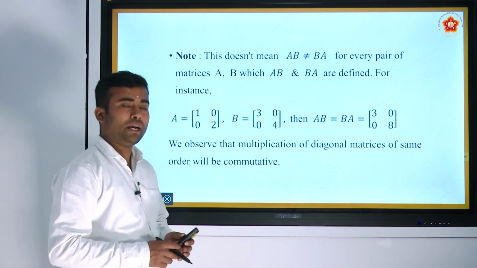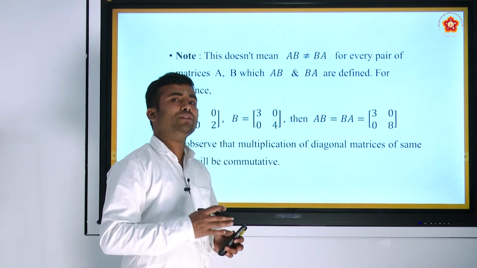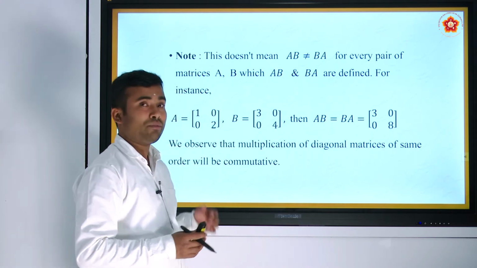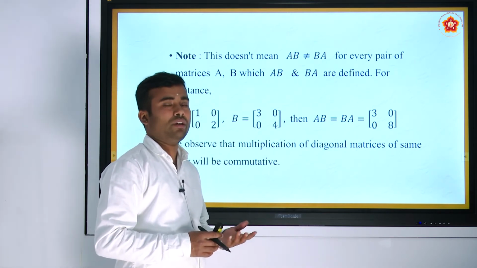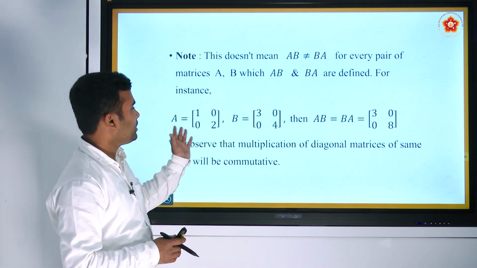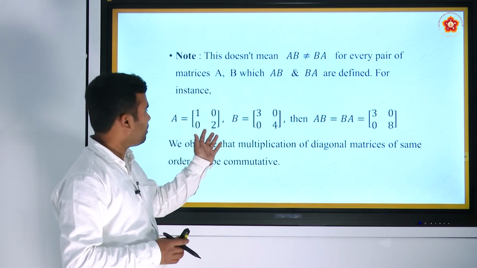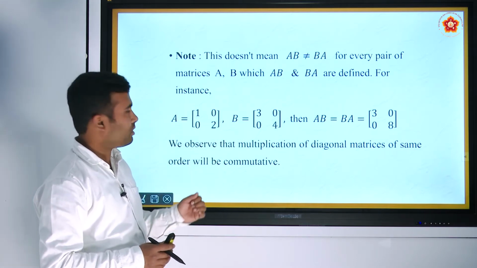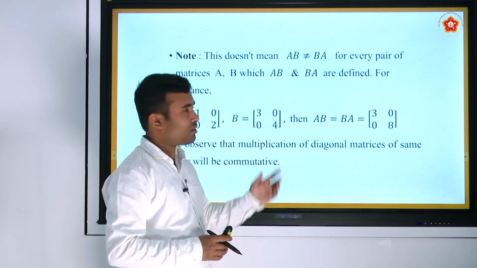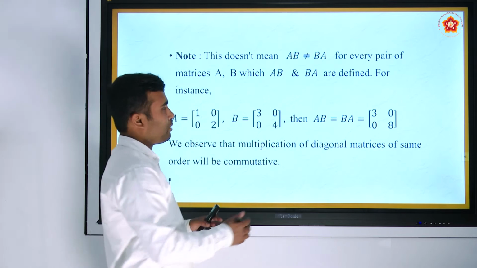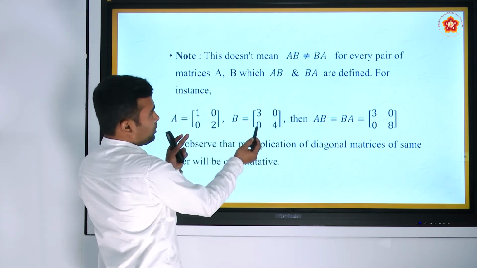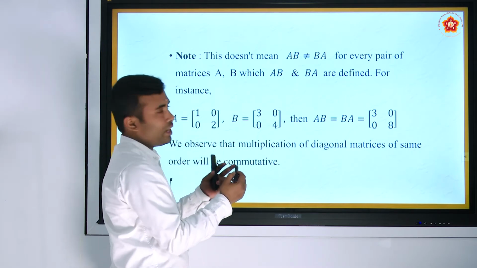For instance, as I told you, AB is equal to BA for some particular matrices, that is, for diagonal matrices it holds true. Here is an example: A is equal to [1 0; 0 2], which is a diagonal matrix, as the diagonal elements are non-zero, and B is [3 0; 0 4], which is also a diagonal matrix. And what is AB? The first value is 1 into 3, 0 into 0, which is 3.